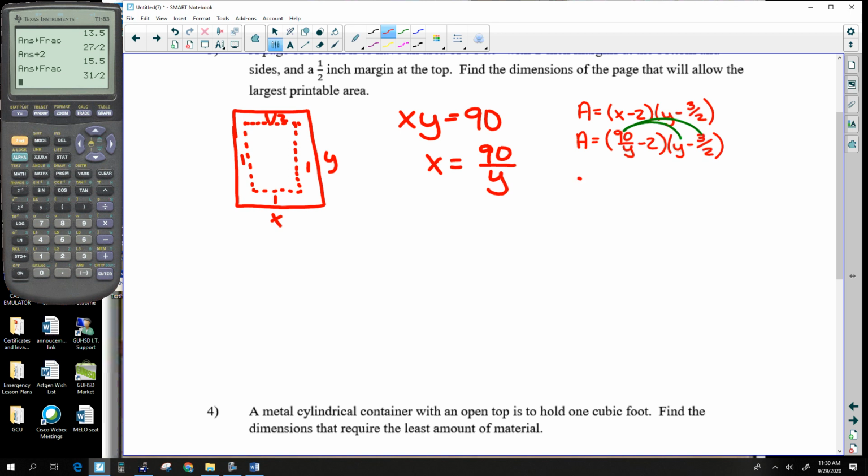Sorry. The first one is yes, 90, but the second one is when I multiply negative 90 over y by negative 3 over 2, I get a different answer than I did last time. It's negative 135 over y. That's what my big mistake was. And then I have negative 2y, and then I have plus 3.